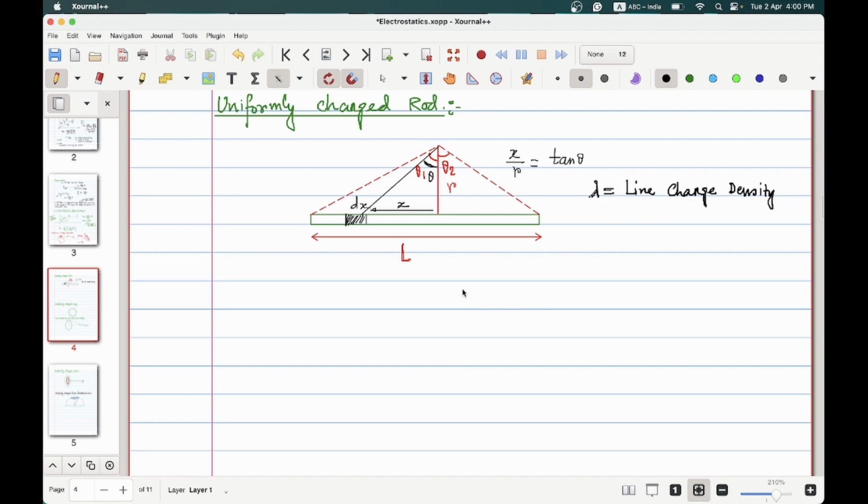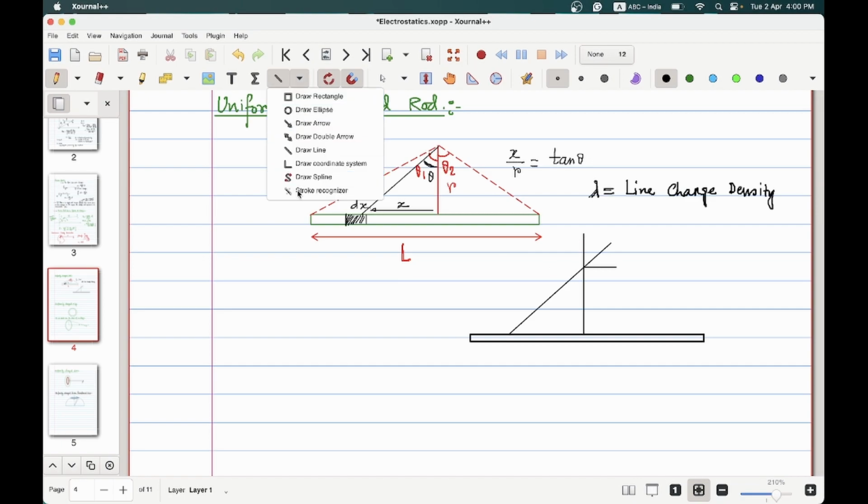So this is basically like this. This angle is theta.